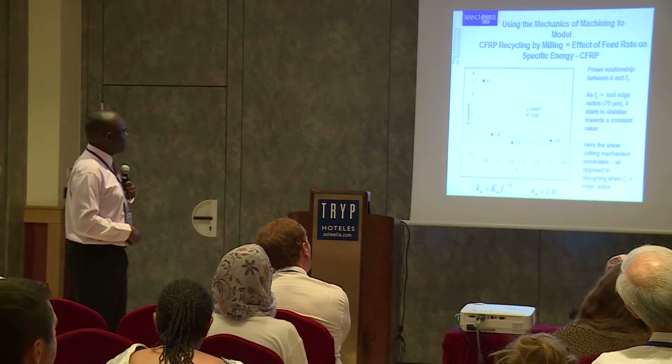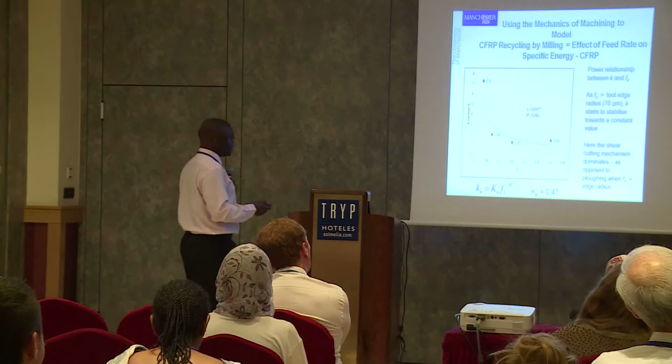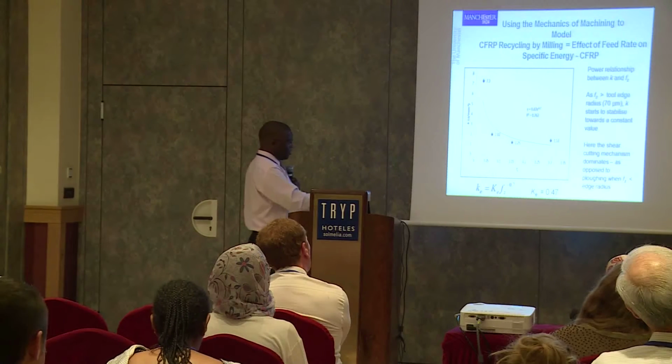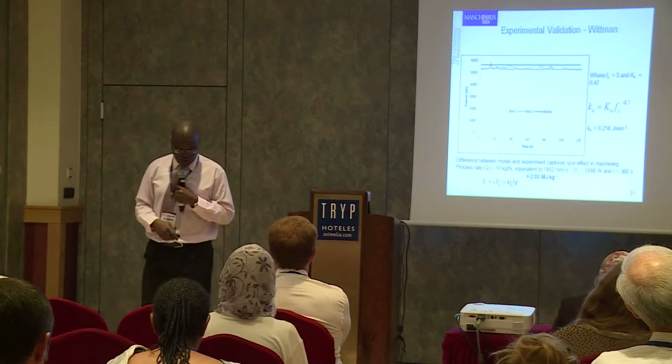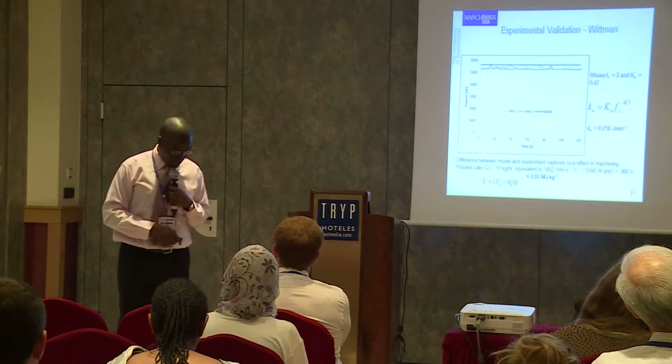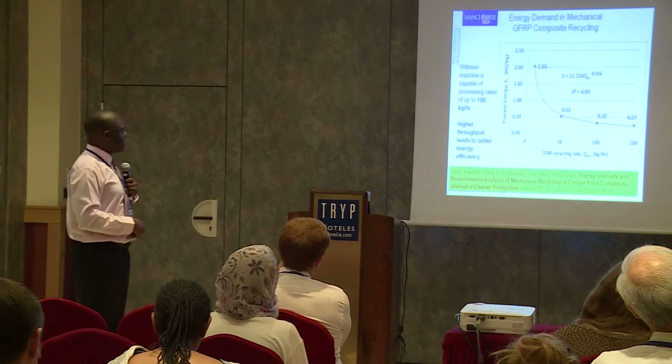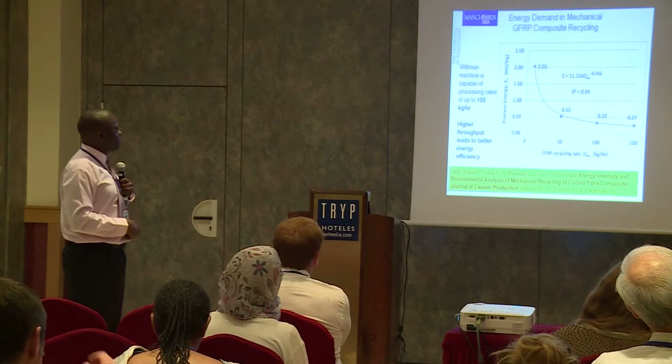And that's my machine. And what we're doing is we're trying to say, according to a certain volume of composites processed, how much energy is used. So we model that and we validate it by actually doing some recycling, and we come up with some equations.